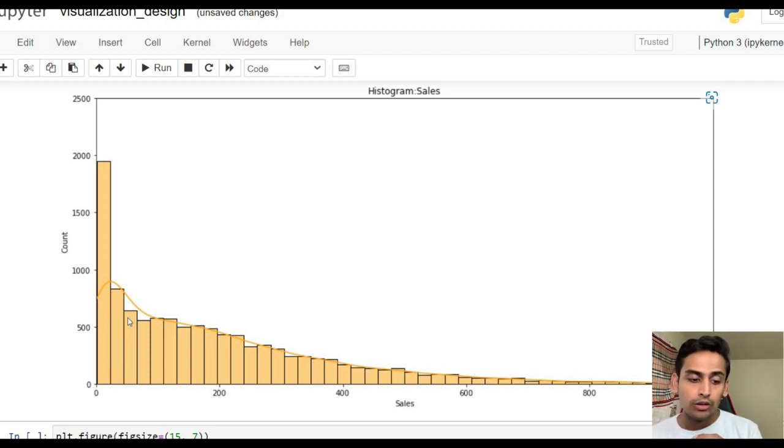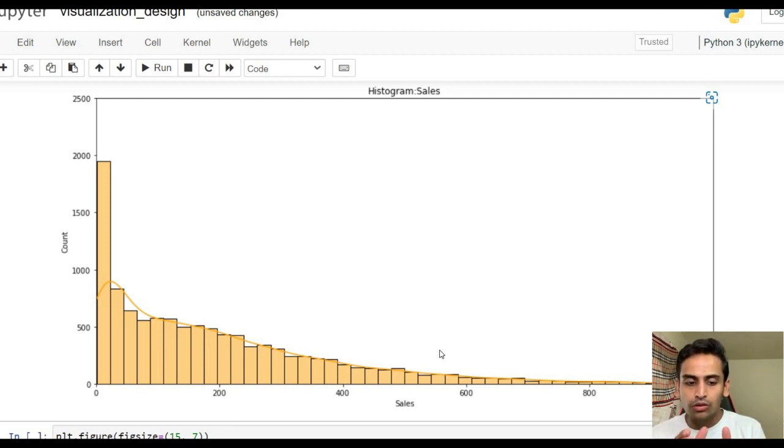In this way, I can understand in which interval of values the majority of my sales are happening. On this graph, it looks like a right skew. It means that most of my sales volumes are happening in the lower ranges, between 0 to 25 or 25 to 50, and as I go towards the right, my bins are getting smaller and smaller.